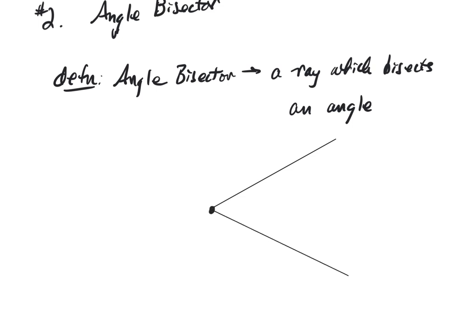Okay, so if I start off with this as my angle, just be boring and call it PQR. This is my original angle. An angle bisector is going to be a ray which bisects that angle, cuts it into two equal parts. So a ray might then look something like this. Let's not even put a point there, let's just make it easier on ourselves.